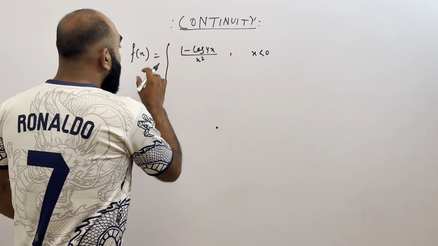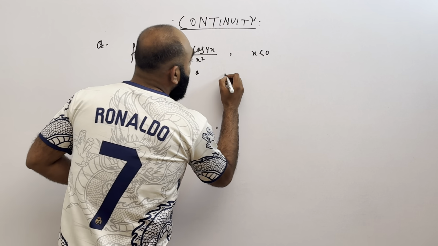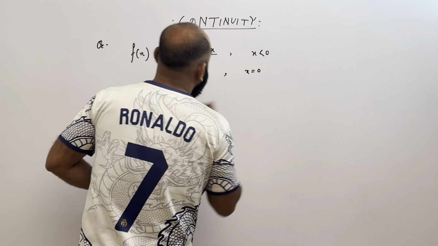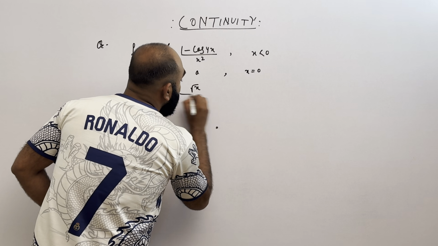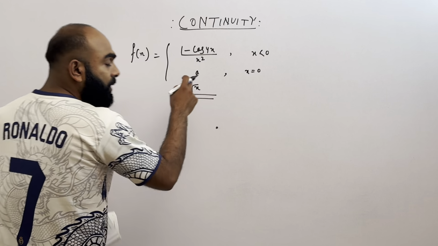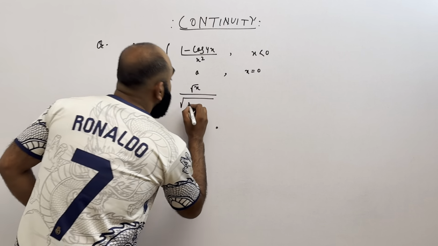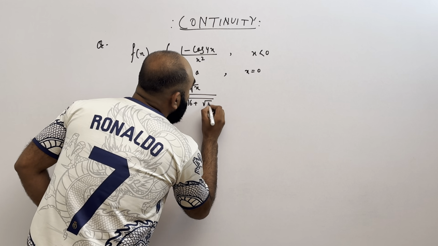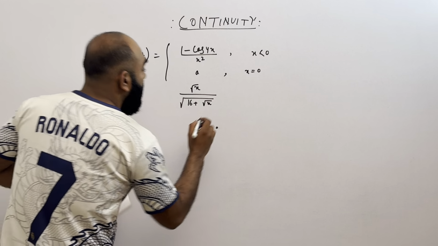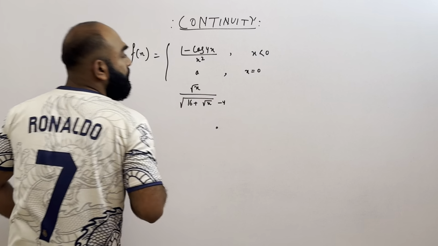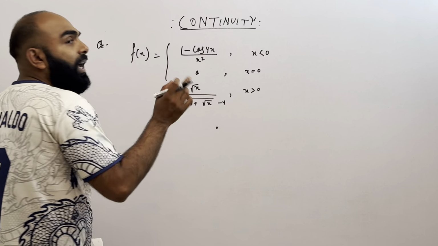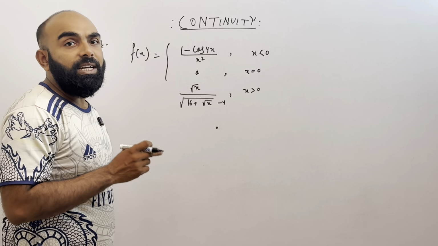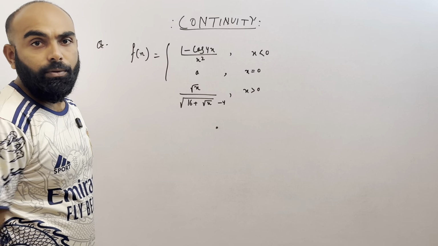And f of x is equal to a when x is equal to 0, and f of x is equal to root x divided by root over 16 plus root x, and minus 4 is outside of the root, and this function is valid when x is greater than 0. So we have to discuss the continuity of the function at x is equal to 0 only.